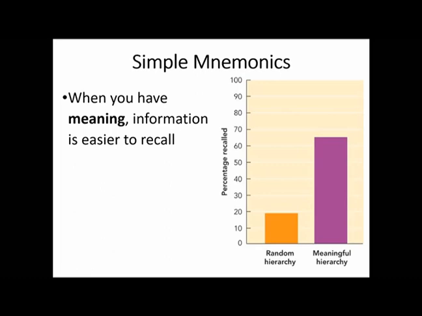So if you were talking about oranges and something that isn't a fruit, baseball bats and flowers, there's no connection, there's no hierarchy there, so you'd recall less of those things.